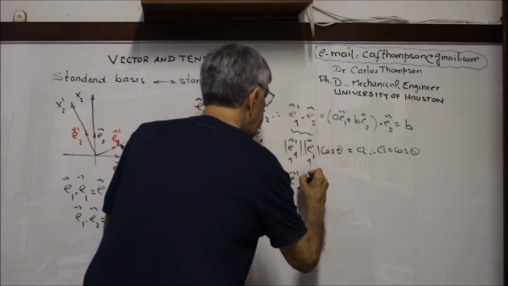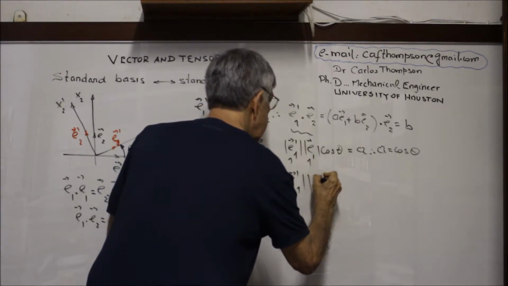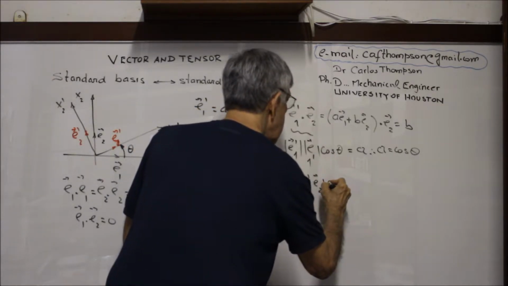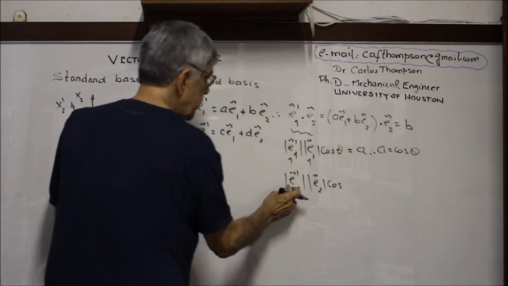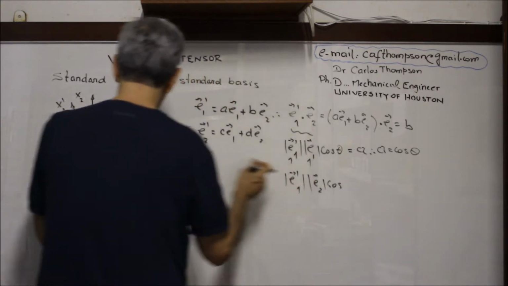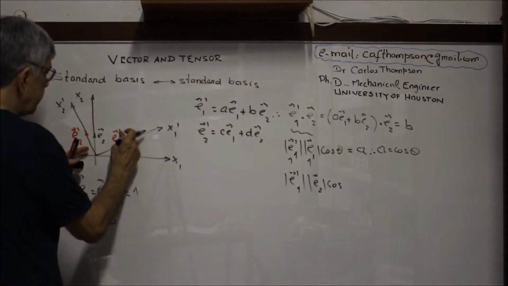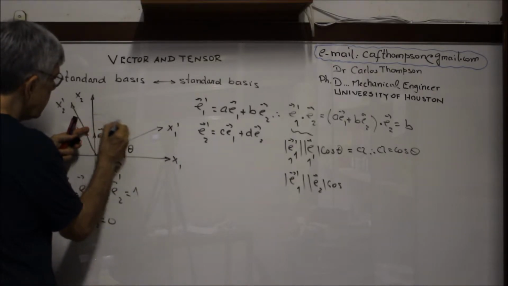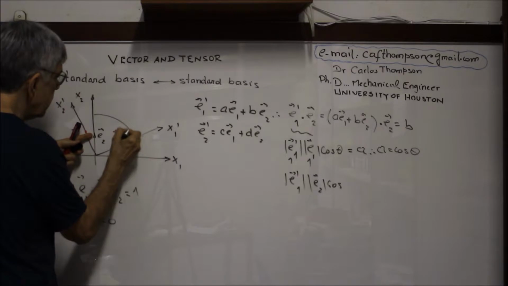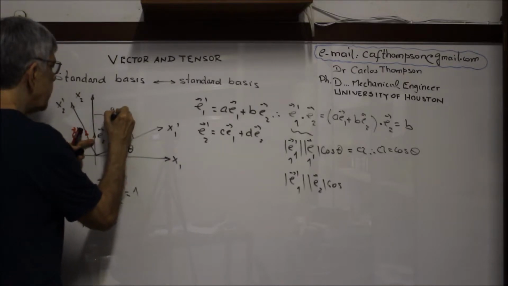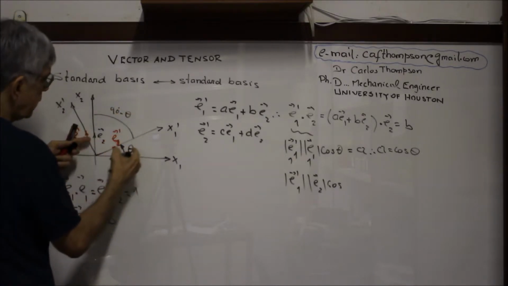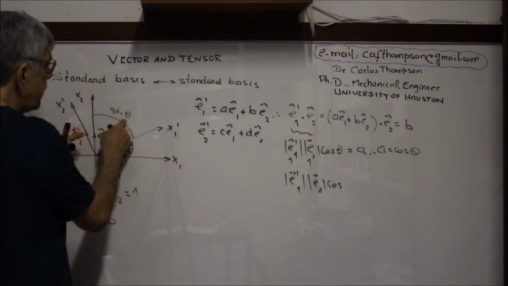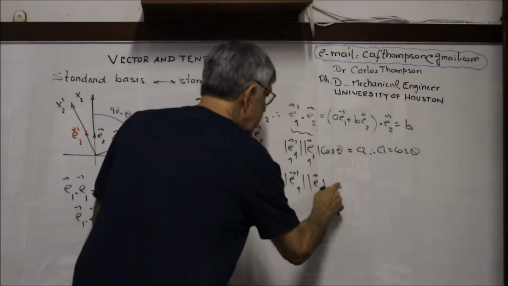times the magnitude of E2, times the cosine of the angle between E1 prime and E2. Now, this is E1 prime, and here is E2. So this angle here is 90 minus theta, and this is theta. So cosine of 90 minus theta is sine of theta.